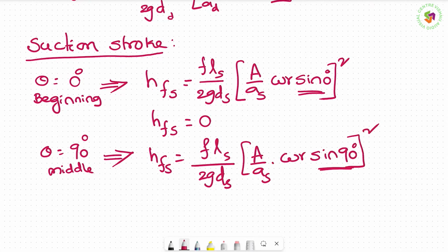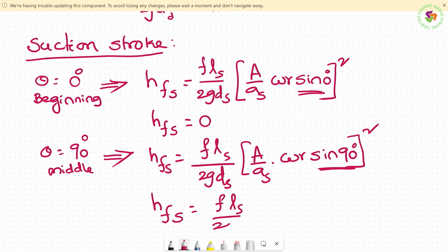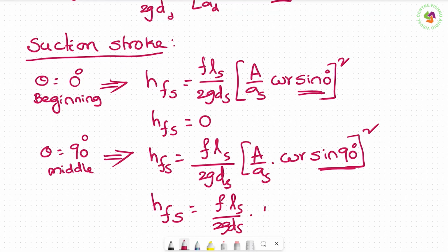Sine 90 is 1. Therefore hfs is equal to f ls by 2 g ds into A by as into omega r whole square.